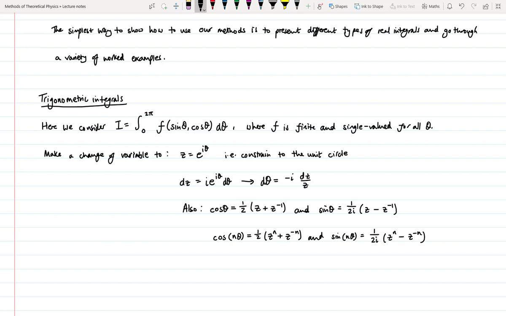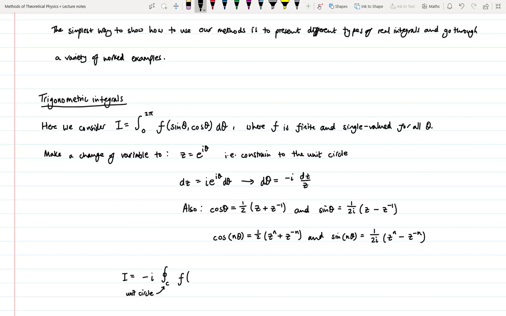Okay, so returning to our real integral, we'll now be able to write it as I is, then we get a minus i from the differential. This is going to be the integral now around a closed contour, which by our substitution is the unit circle, and then our function is now going to be in terms of z.